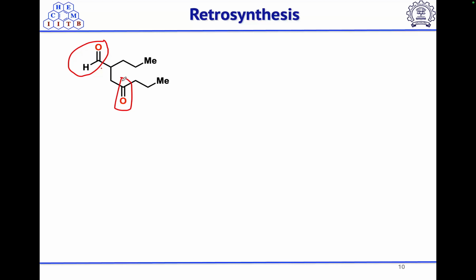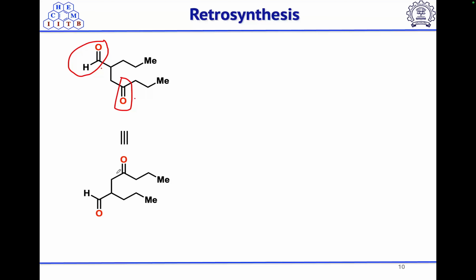How can we visualize this molecule? This molecule and this molecule are basically the same, both are the same molecule. Now you can easily visualize how we can think about the C-C disconnection approach in this molecule.